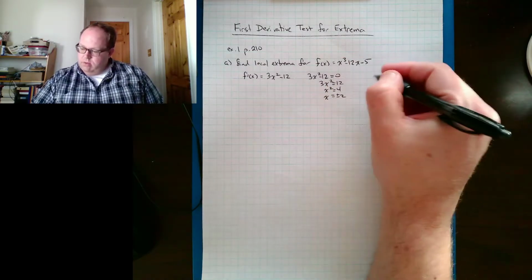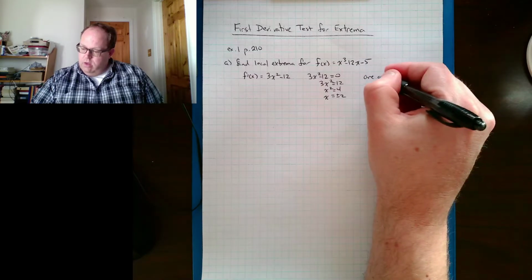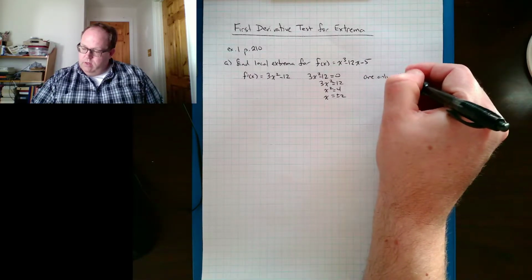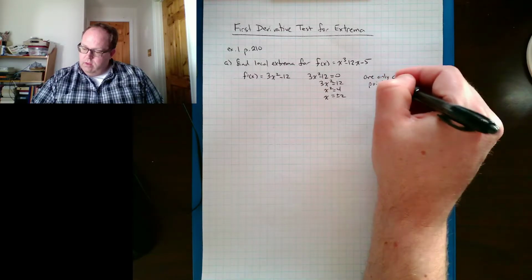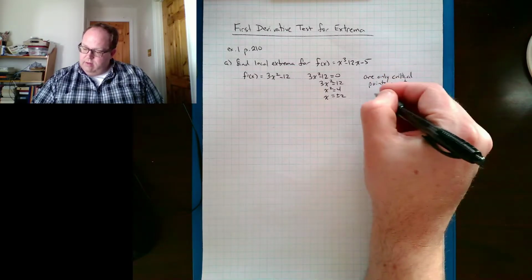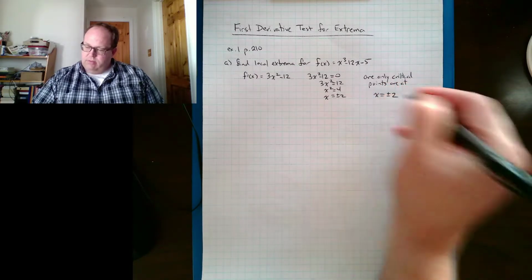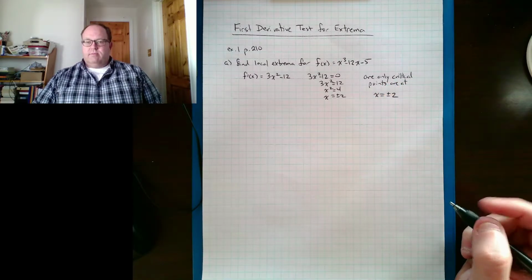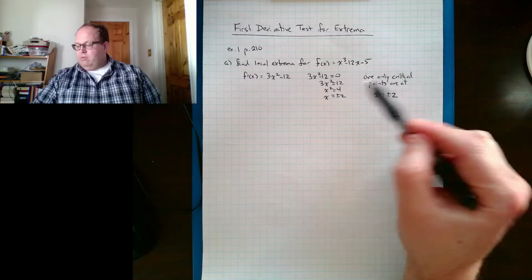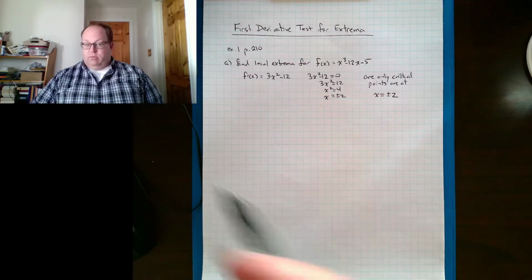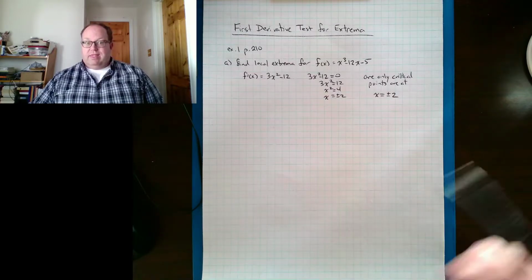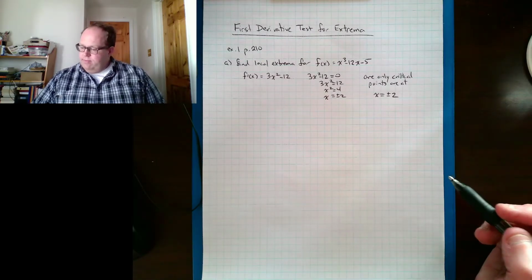So our only critical points are at x equals plus or minus 2. I would also normally look for any places where the derivative doesn't exist, but again, where this is a polynomial, this will be differentiable everywhere. The derivative will exist for every value of x.